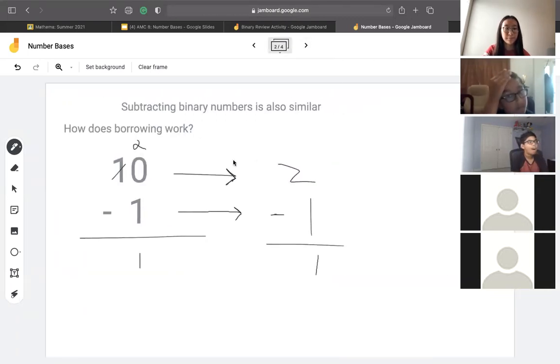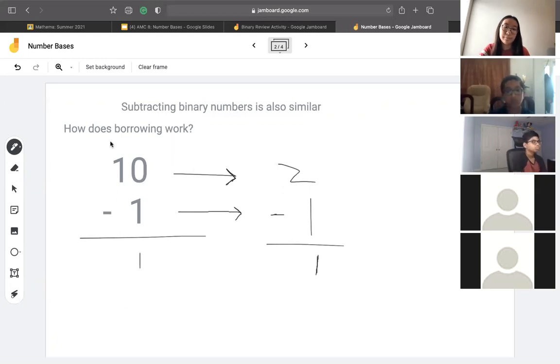Oh, there's still stuff up here. So now how does subtracting binary numbers work? Well, first, we're just going to pretend we convert this into a decimal problem. So 1, 0 is basically asking you for 2 minus 1, so our answer should be 1. But remember, normally when you're subtracting and there's not enough, we can't do 0 minus 1 here.